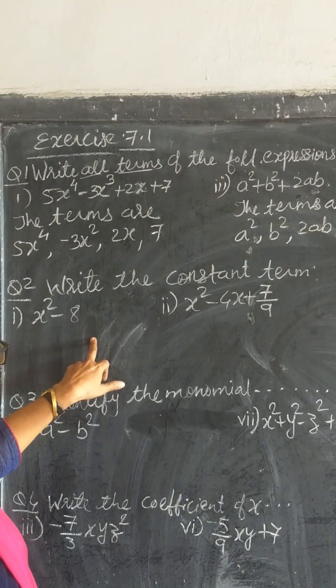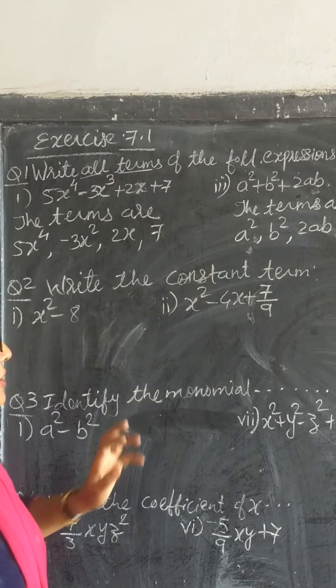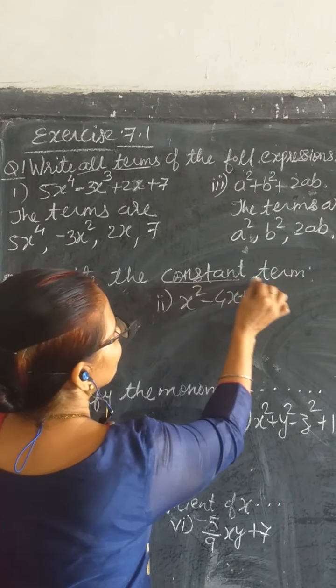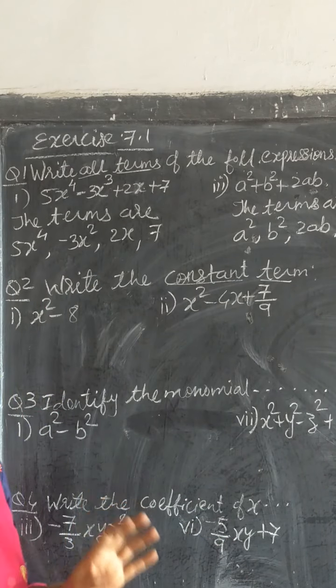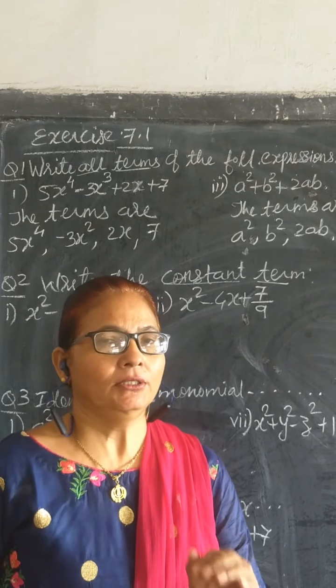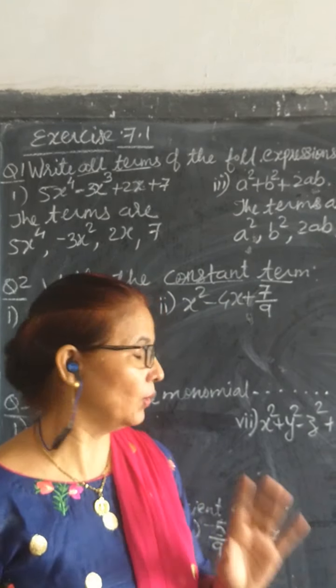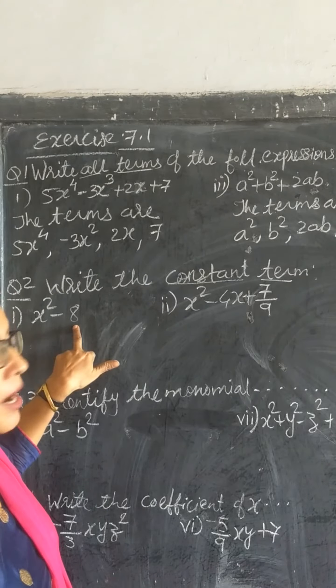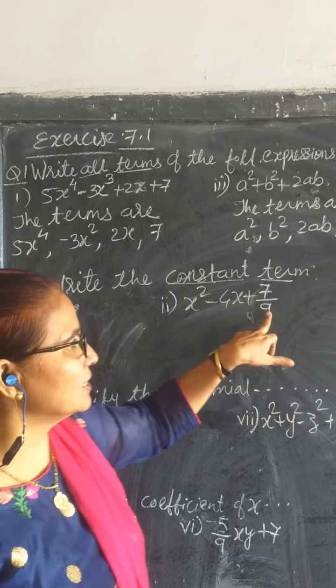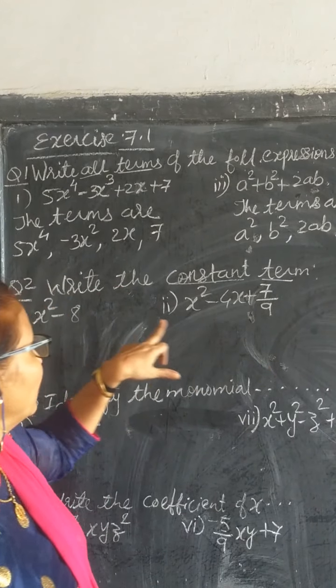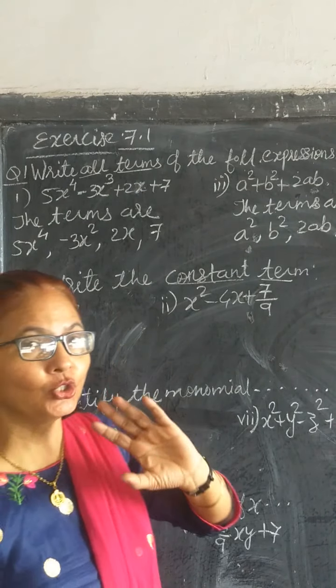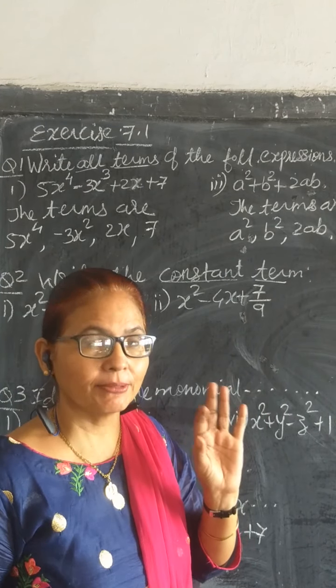Okay. Now just see this one. Write the constant term. Read the question. You have to write the constant term. Constant term means the term with which there is no variable. As you can see here, minus 8. You can see here 7 by 9. With 7 by 9 and minus 8, there is no variable, no letters a, b, c, d.